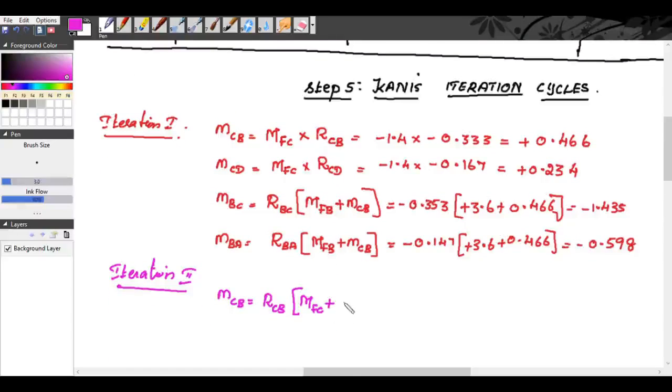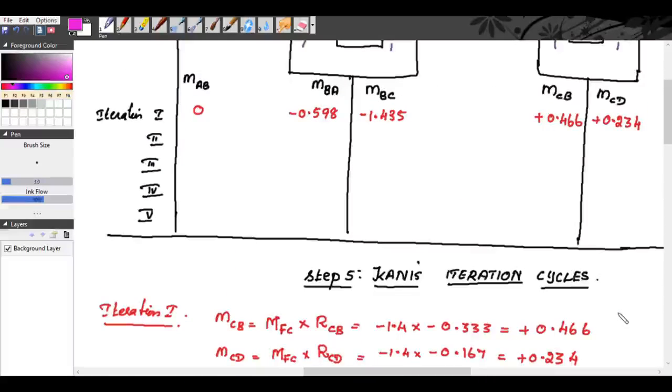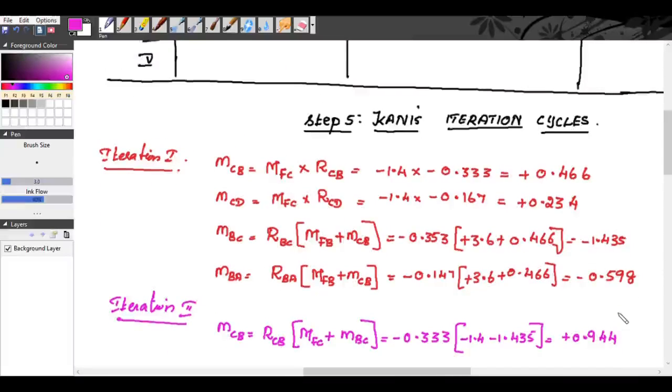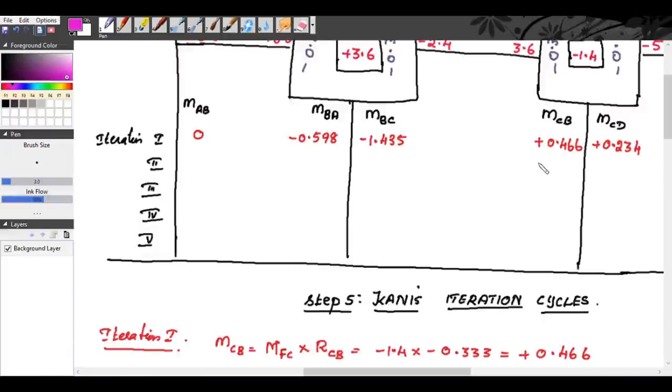So that will be equal to minus 0.333 multiplied by MFC is minus 1.4, plus MBC, we have determined it as minus 1.435. So minus 1.435, we get plus 0.944. So MCB is plus 0.944.